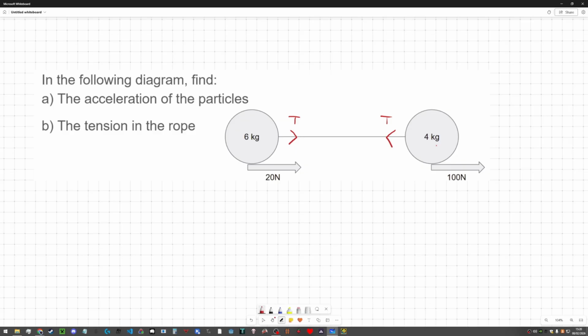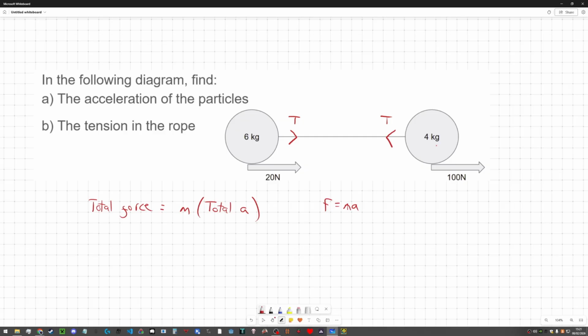To find the acceleration of the particles, we know that each particle must have the same acceleration, and so we can consider the total acceleration. The total acceleration times the mass will be equal to the total force, due to F equals ma.